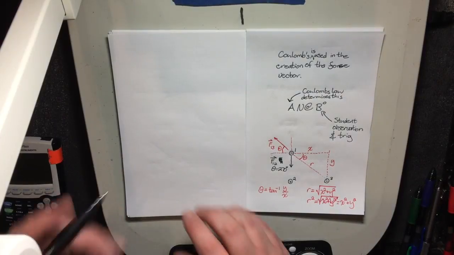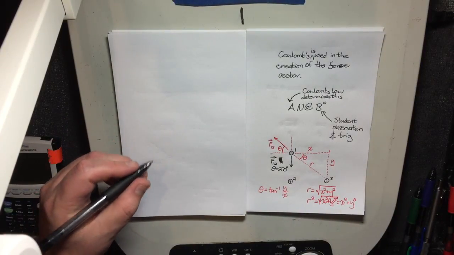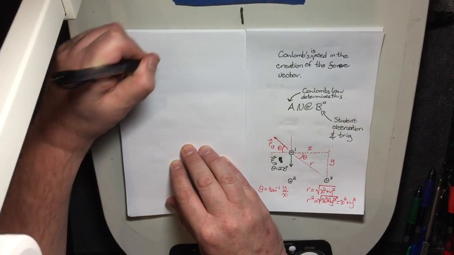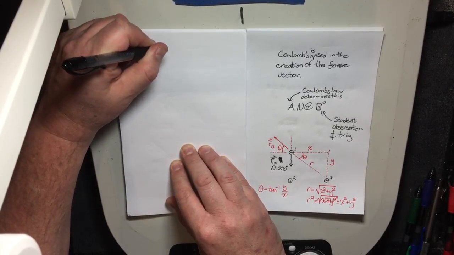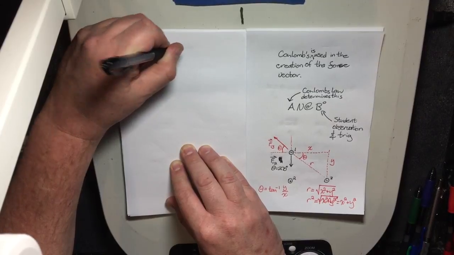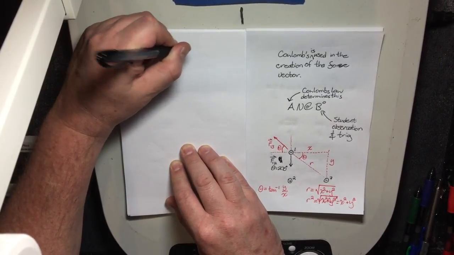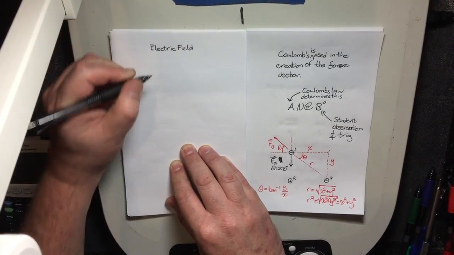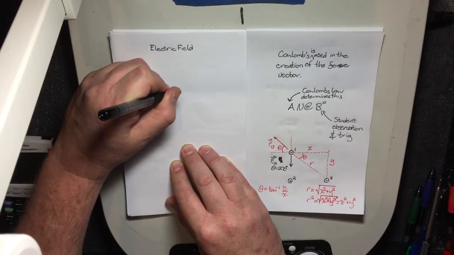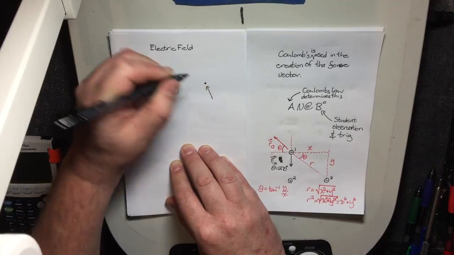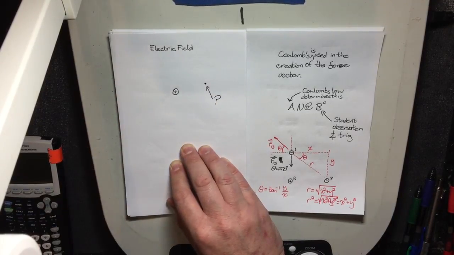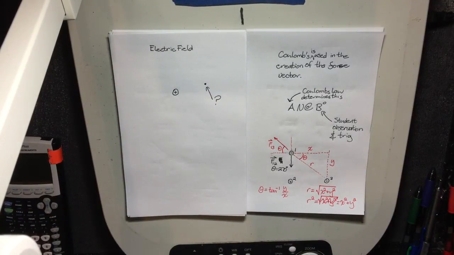Now, we've covered Coulomb's law, but what we haven't done yet is talked about the electric field. We need a way of describing what that point in relationship to that electric charge is like.